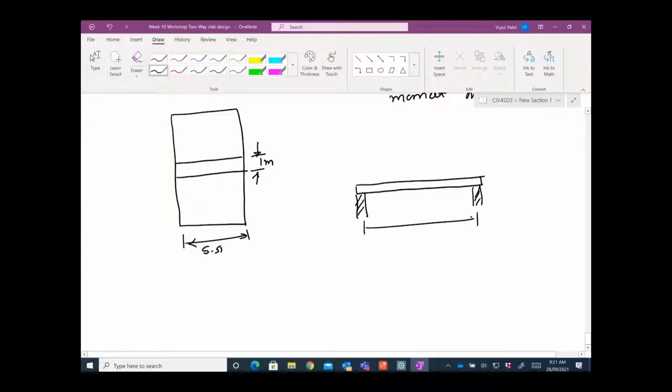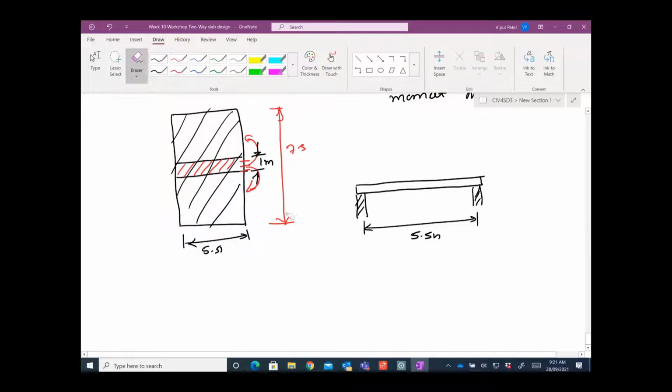So instead of the whole slab, we are just taking this 1 meter wide strip in the slab, and then once you find the reinforcement in the 1 meter, we will just distribute that along these 7.5 meters, right? So once you know the reinforcement in 1 meter, you can use the same distribution over the 7.5 meters. I hope it makes sense.